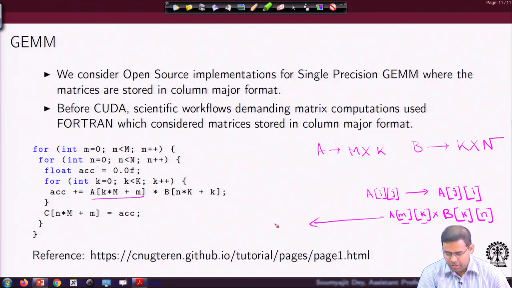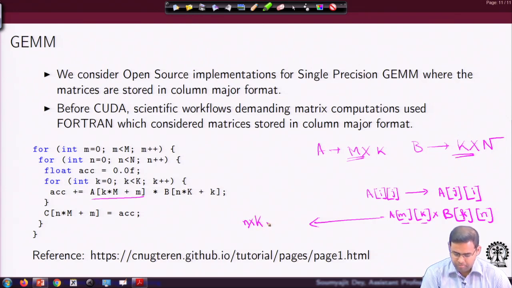You write it the other way around, that is you take the small k and multiply with m and add small m here, because it is column major, and then for b small k small n, you take it the other way around, you take small n and multiply it with the capital K and add small k. So, that is a shift.